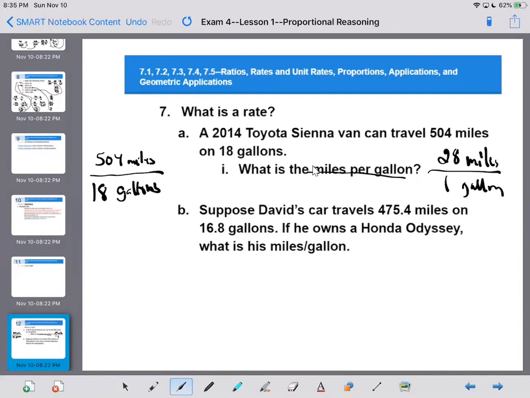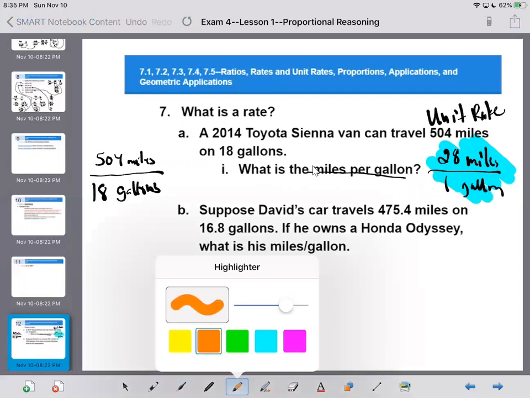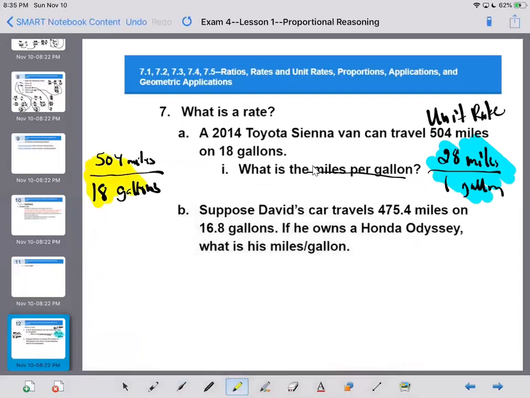What's in blue on the right is what we call a unit rate, because 1 is in the denominator. And what's in yellow over here is what we call just a general rate, because it's comparing two different quantity values, like miles per gallon. But notice the denominator on the rate is 18. The denominator on the unit rate is 1.